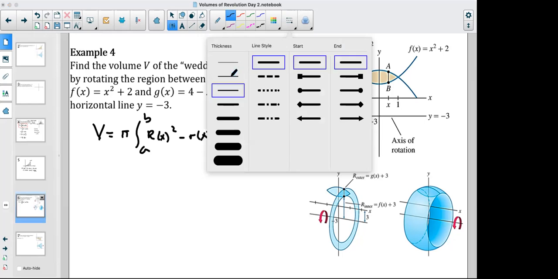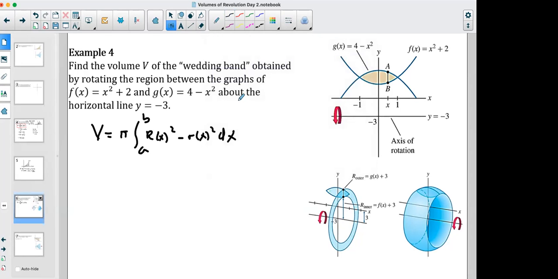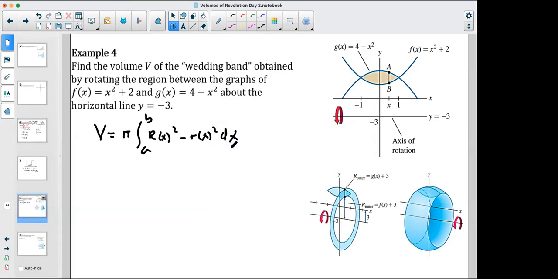You're not going to have to remember whether this was a washer or a disk. It's how do I find these distances? It's always like this. And remember that our vertical distances, which are the r's, are equal to top minus bottom.